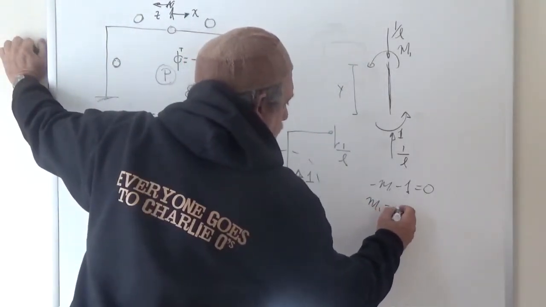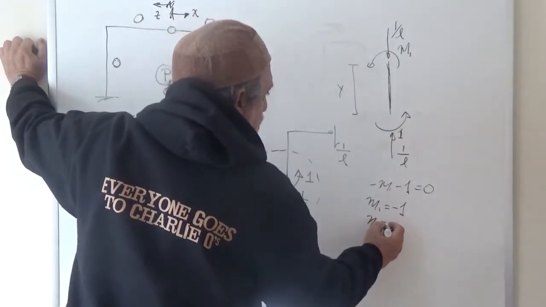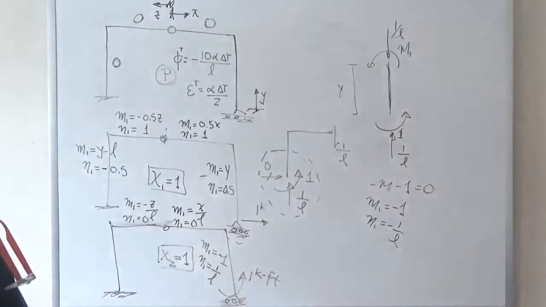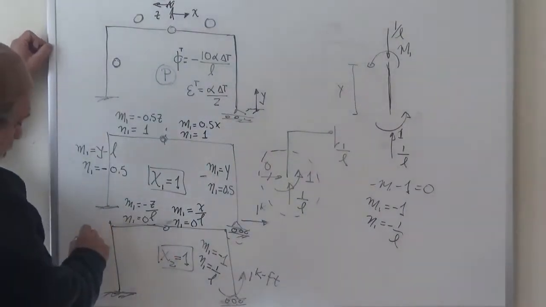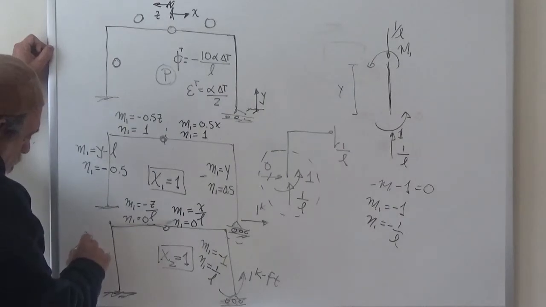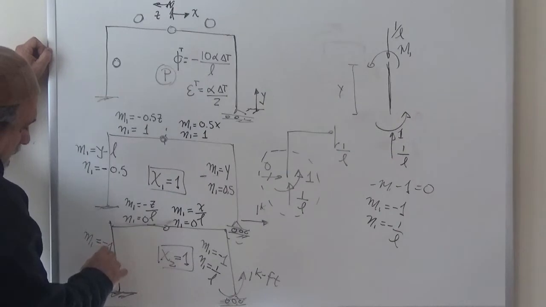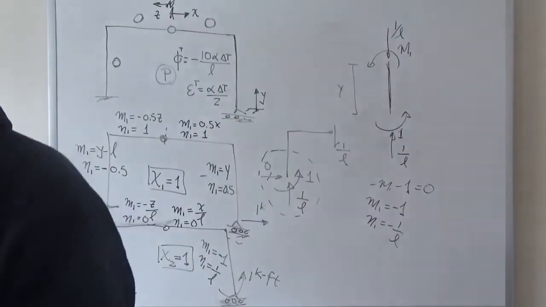We have m1 equals to minus 1, and if we look at the axial forces, we see that it is compression, and so that it is minus 1 over L in accordance to the criteria that we have previously established. And so we write right here in this column m1 equals minus 1, n1 equals minus 1 over L. Okay, all said and done.